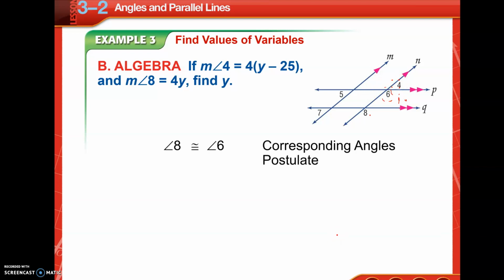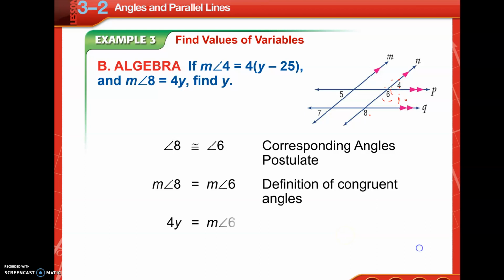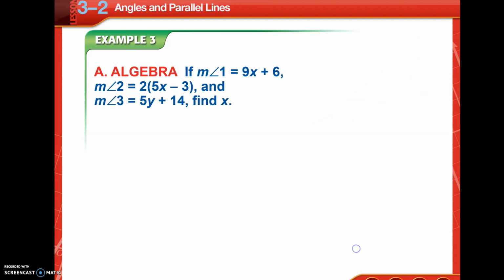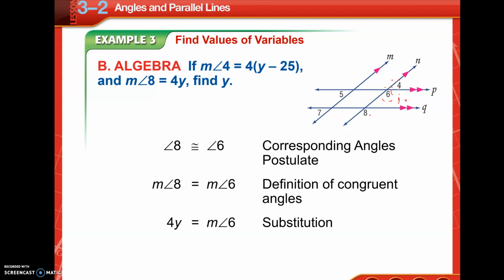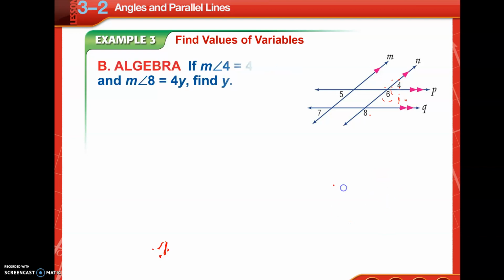So let's look that out. 8 and 6 are corresponding, and that means they're also equal. And so angle 6 equals 4y. So angle 4 plus angle 6 are supplementary. So I would do 4 times y minus 25 plus 4y equals 180, and then we'd solve out for y from there.